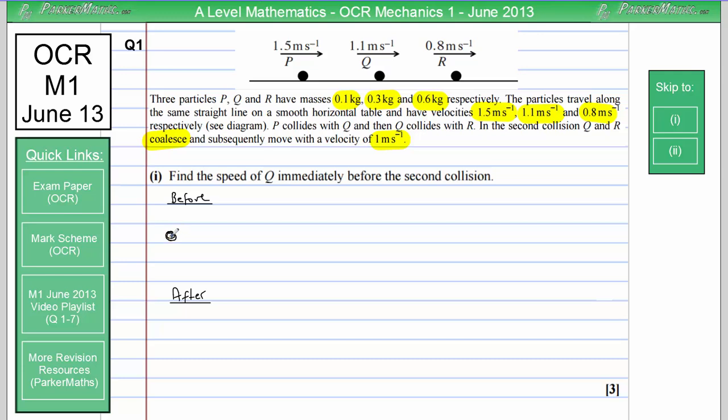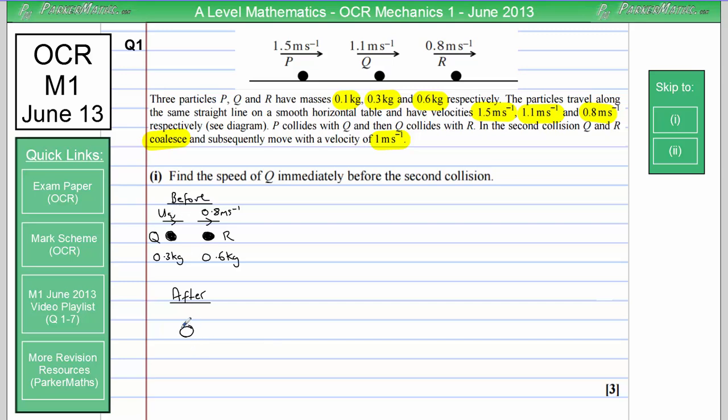So let's instead start by working with Q and R. We know that Q has a mass of 0.3 kilograms and R has a mass of 0.6 kilograms. Immediately before they collide, we know that R has a velocity of 0.8 meters per second, but we don't know the initial velocity of Q, so we'll call that UQ.